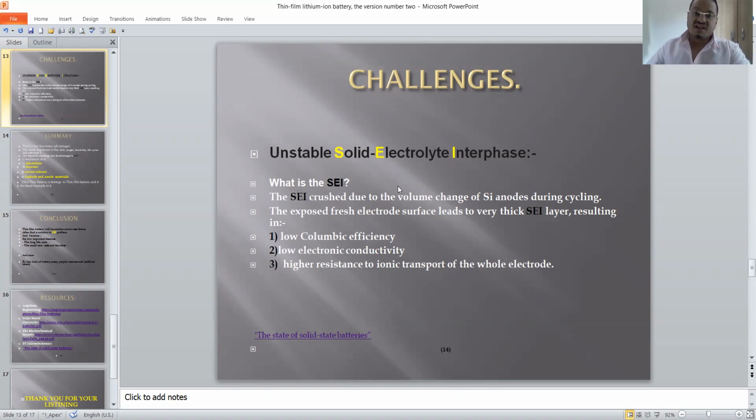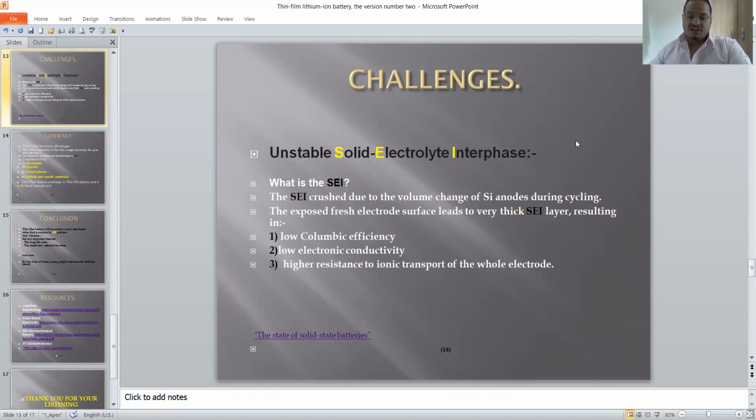Here, an unstable SEI. Let's explain and focus on this part very well because I believe that's very important. And if we can solve this problem in the near future, we will have a successful battery anyway. No one can say something not like that.